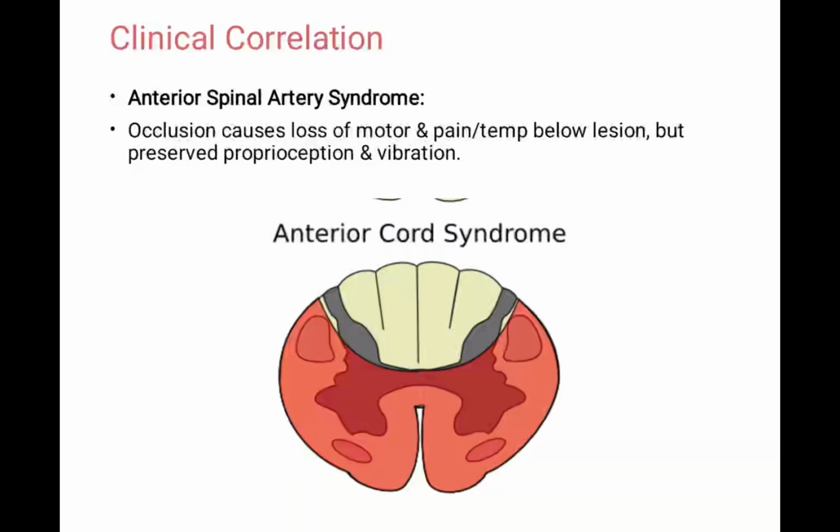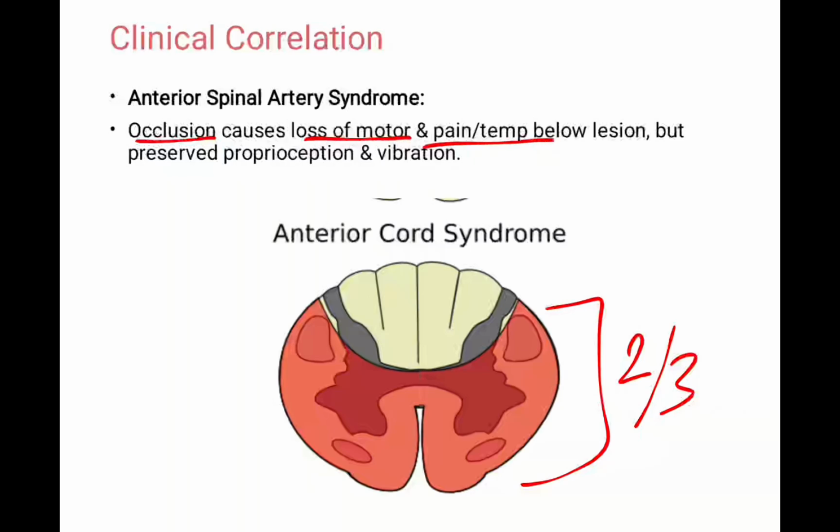What are the clinical correlates of importance? We have anterior spinal artery syndrome. Remember, I said the anterior spinal artery supplies the anterior two-thirds of the spinal cord. So if there's an occlusion of the anterior spinal artery, there's going to be loss of motor function as well as pain and temperature sensation below the lesion, but preserved proprioception and vibration.